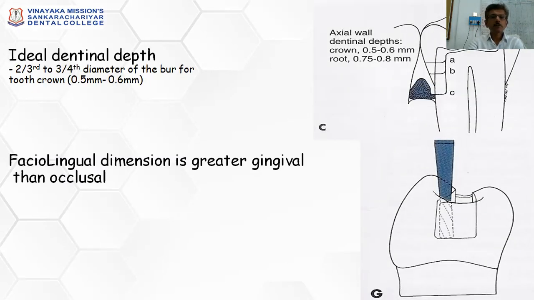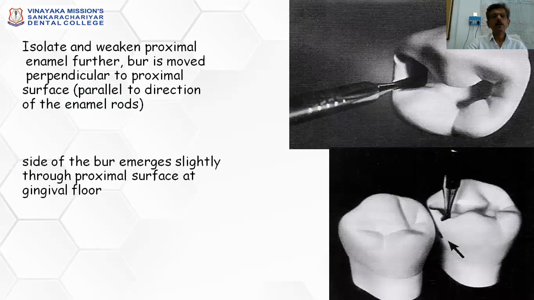And coming into the details part of the box, ideal dentin depth is 2/3 to 3/4 the diameter of the burr, for the tooth crown, that is 0.5 millimeter to 0.6. Facial-lingual dimension is greater than the gingival-occlusal. Isolate the weakened proximal enamel further.